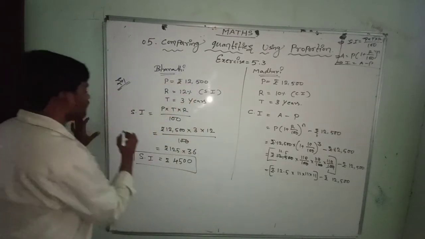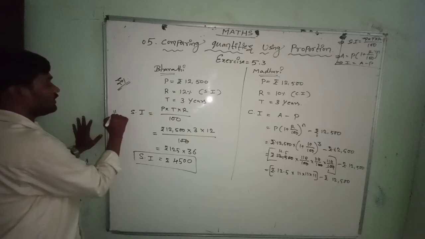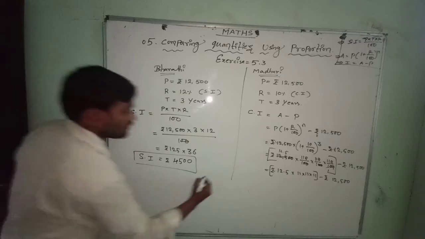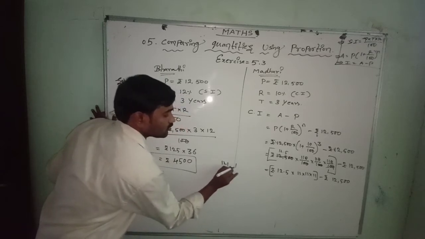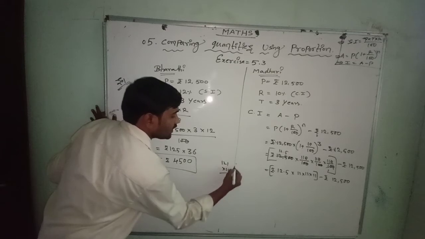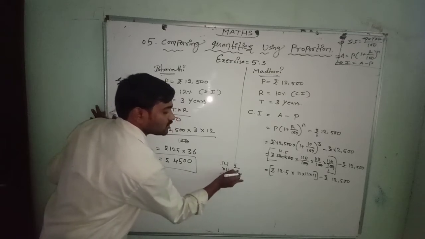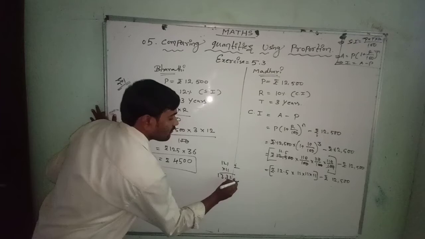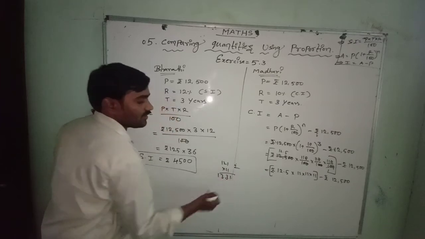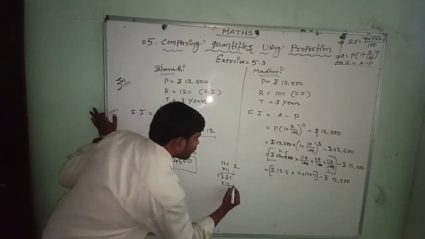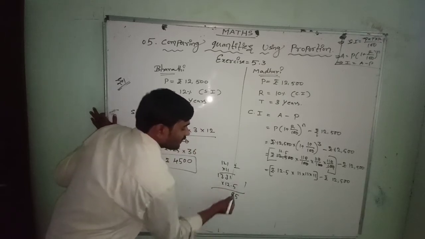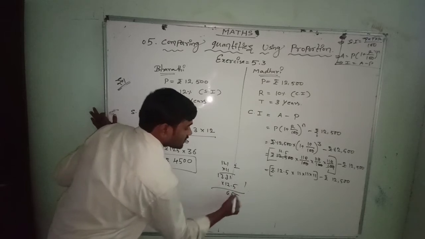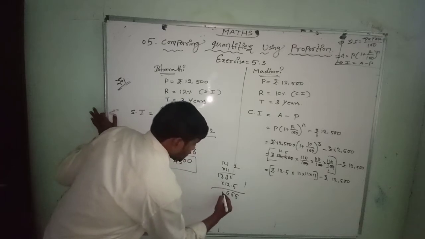So 11 into 11 is 121. Then into 121 into 11: 11 ones are 11, 1 carry, 11 twos are 22, 22 plus 1 is 23, 2 carry, 11 ones are 11 plus 2, yes, 1,331, 11 cube. Carry. So into 12.5: 5 ones are 5, 5 threes are 15, 1 carry, 5 threes are 15 plus 1 is 16, 1 carry, 5 ones are 5 plus 1, 6.